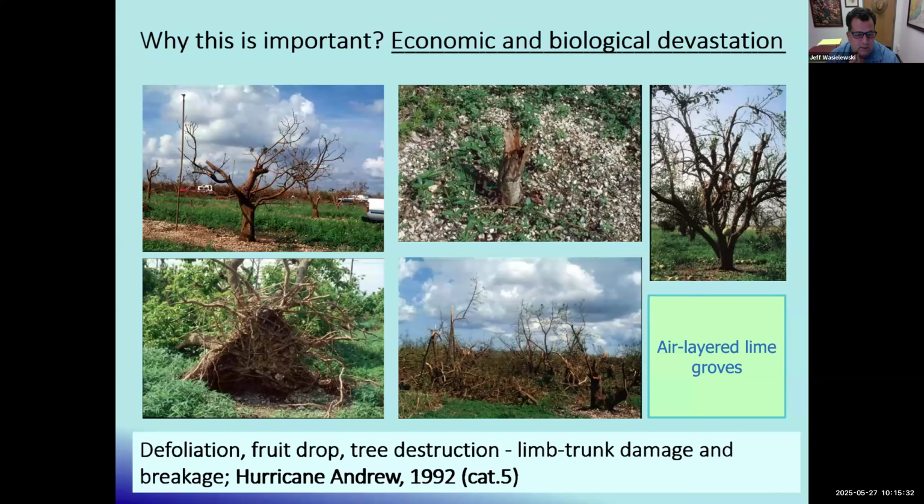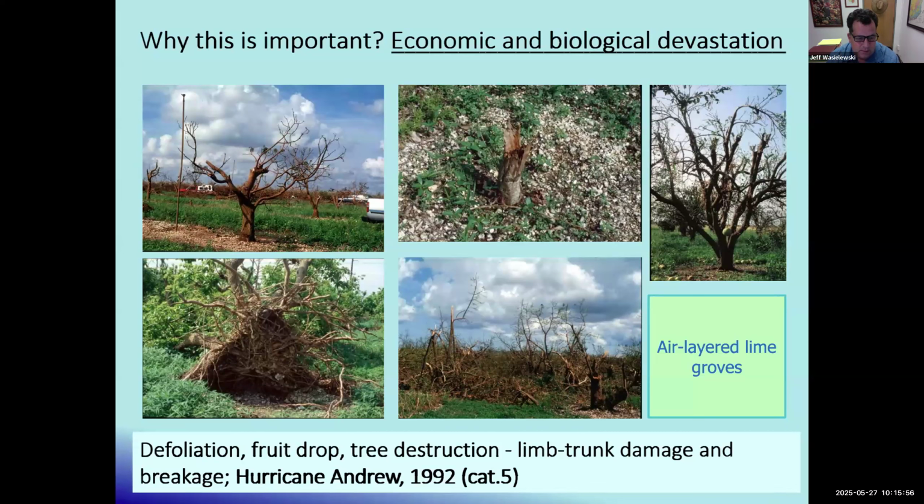Look at those pictures there. If you guys have been through any kind of hurricane, you know what we're talking about. These are air layered lime growth, so they don't have very good root systems. So you're going to get defoliation, fruit drop, tree destruction, limb, trunk damage, and breakage.